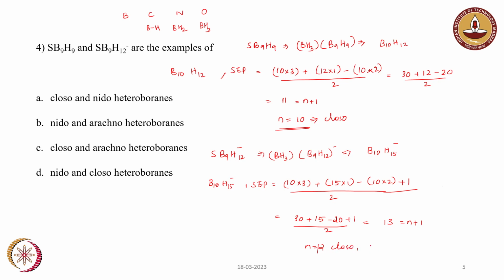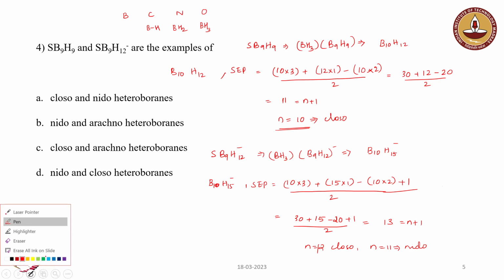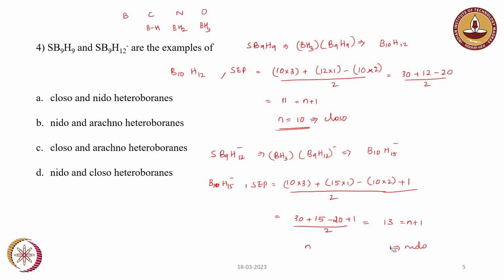So n equal to 12 is closo. So n minus 1 equal to 11 will be nido, and n minus 2, that is 10, that will be arachno.